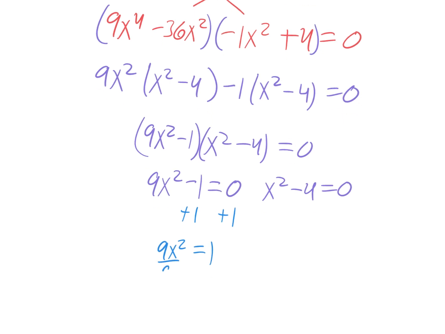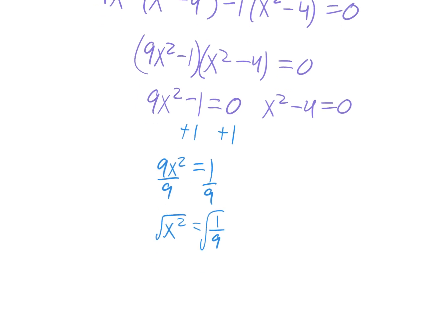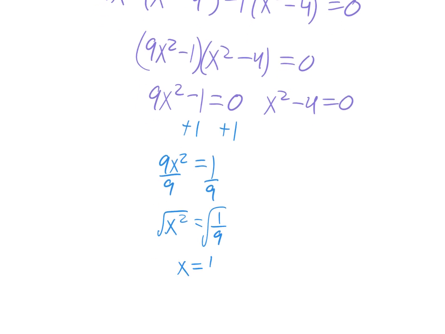And then divide both sides by 9. So we get x squared equals 1/9. And then we want to square root both sides. So we get x equals plus or minus 1/3. Again, if you're dividing under a radical, you can square root the top and square root the bottom.